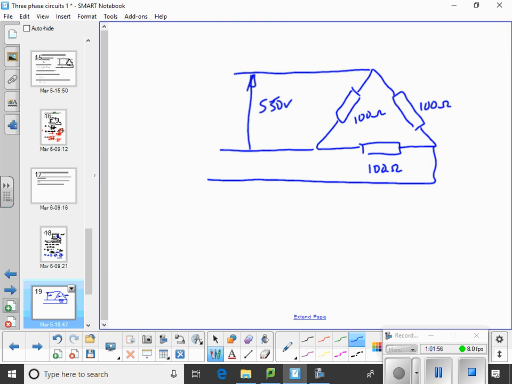What is the total power? Right? So, how can we go about this? Anyone see how they would tackle that problem? Remembering what we said up front about balanced systems.